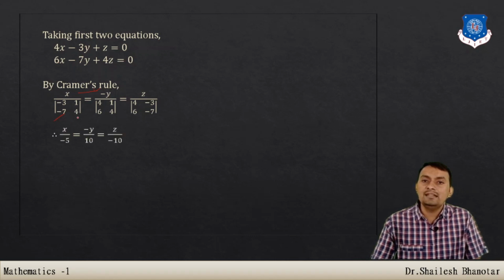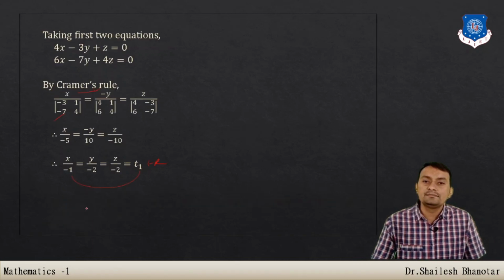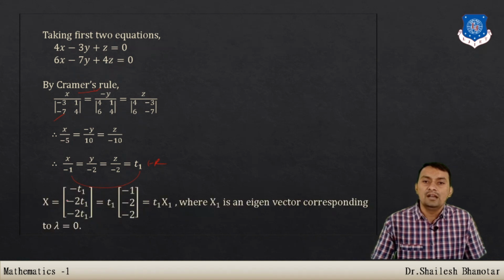But whenever you simplify, you will get this one, and whenever all the ratios are equal, we assume any arbitrary number t1 which belongs to R. So x is equal to minus 1 into t1, y is equal to minus 2 t1, and z is equal to minus 2 t1.